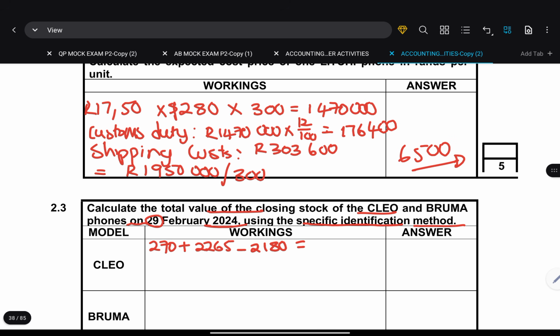So it means we're going to say 270 plus 2,265, we minus 2,180. Okay, so it gives us 355.